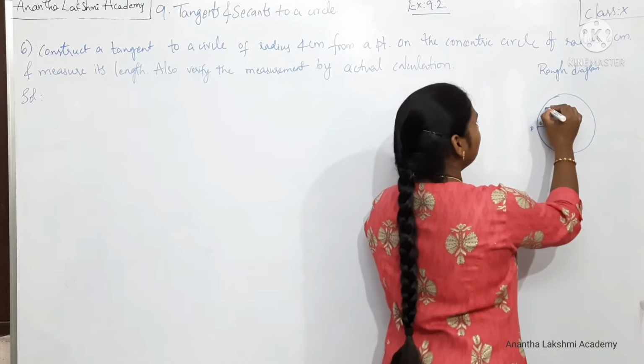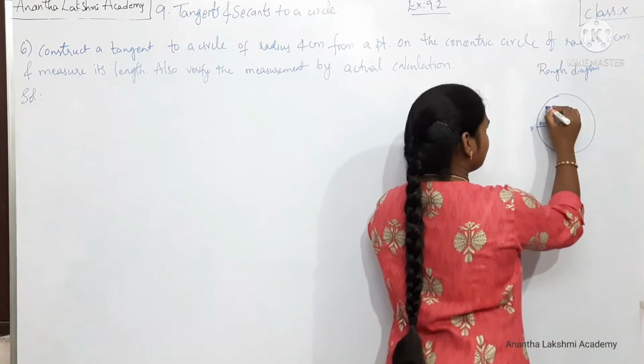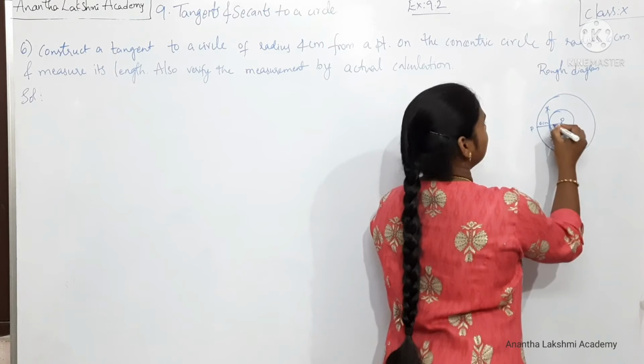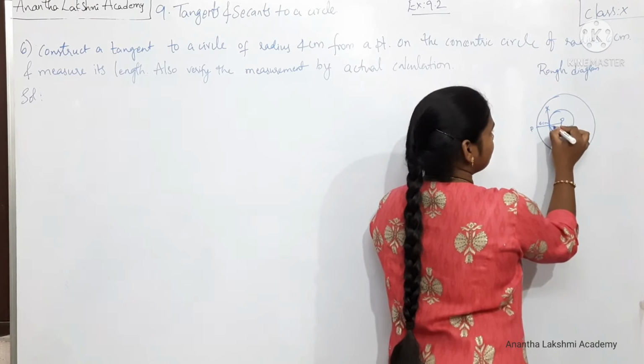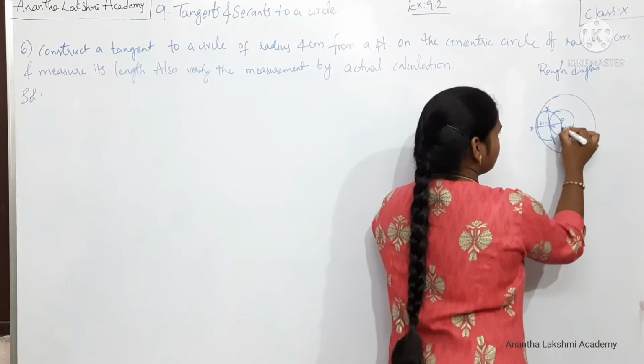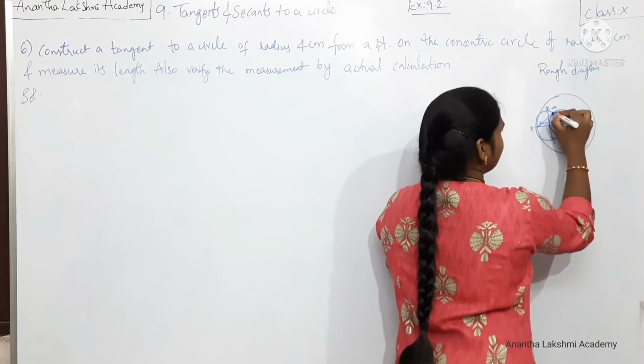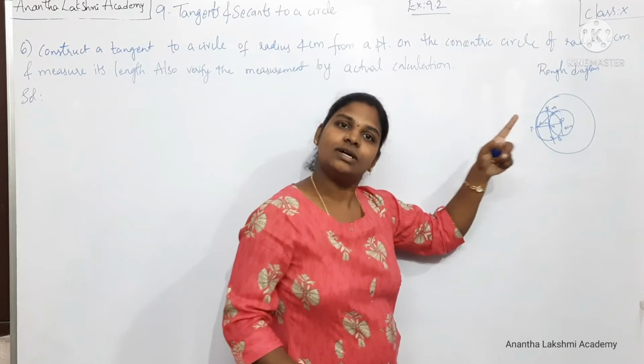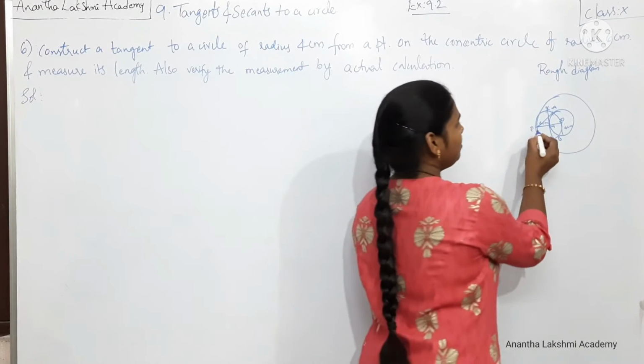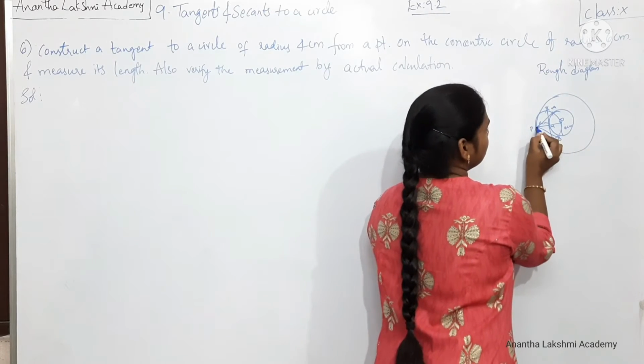By drawing the perpendicular bisector. Let us draw the perpendicular bisector, and with this as the radius, we are going to construct one more circle meeting at A, B. This is going to be our tangent PA. PA and PB, we have two tangents here.